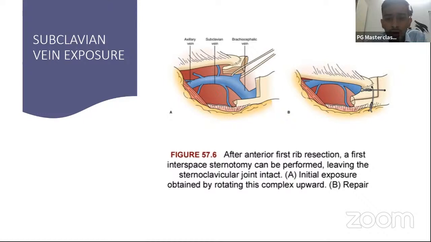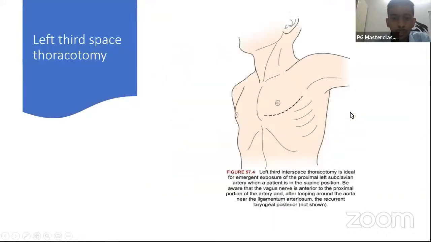In this case, the sternoclavicular joint is spared. Like I mentioned previously, even during first rib excision, the sternoclavicular or first rib sternum joint is spared, this joint is retained intact, and the sternum is repaired again using perpendicular wires, as shown in figure B.